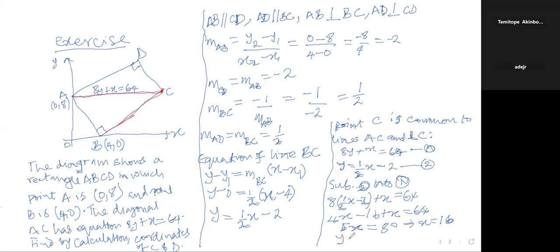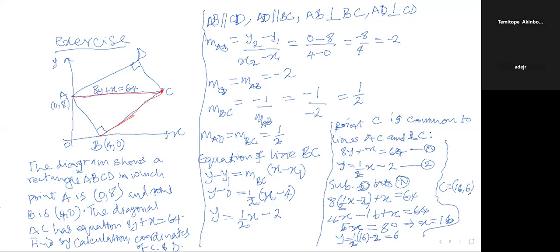So y equals 1 over 2 times 16 minus 2. So that will be 8 minus 2, 6. So C equals 16, 6.